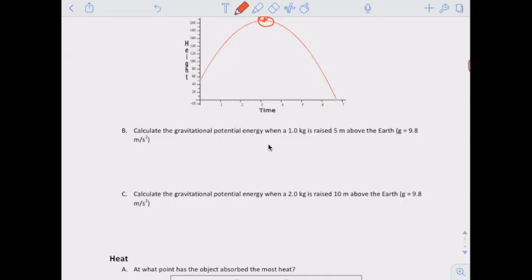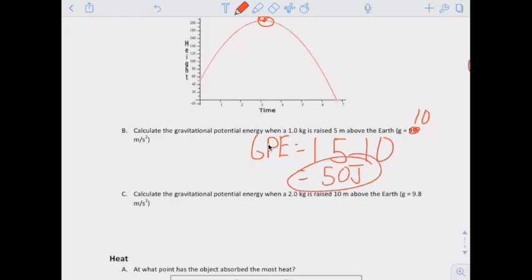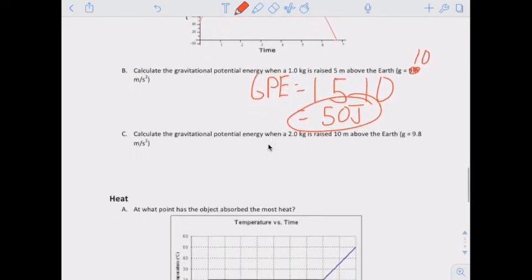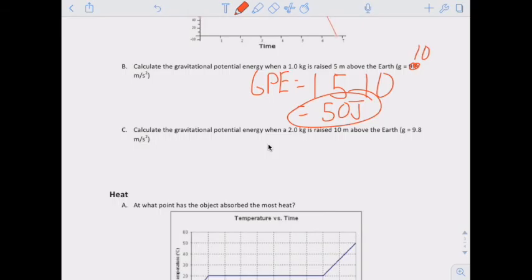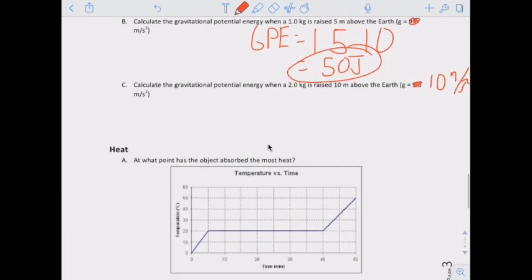GPE equals 1 times our distance of 5, which is our height, times gravity. Instead of 9.8, let's just call it 10 for math's sake. So 1 times 5 times 10 gives us 50 joules of energy. The next one says calculate the gravitational potential energy when a 2 kilogram object is raised 10 meters above the Earth. You can say that gravity is 10 meters per second squared. Go ahead and try that one out with the same equation.